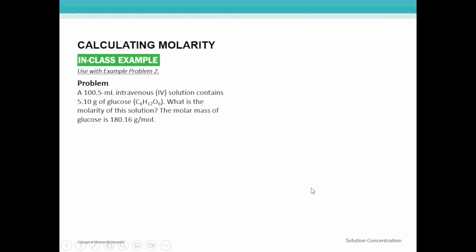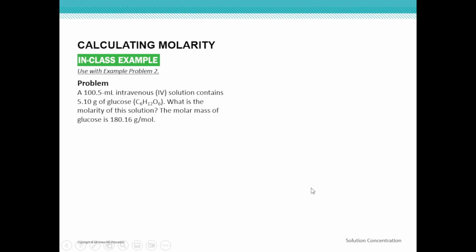Do I have moles? No, I don't. I have a mass, which hopefully by now you could recognize that if we have a mass and a molar mass, we could very easily convert that. Because a molar mass, in this case, 180.16 grams per mole, is a conversion factor. Or I could use the inverse, 1 mole for every 180.16 grams.